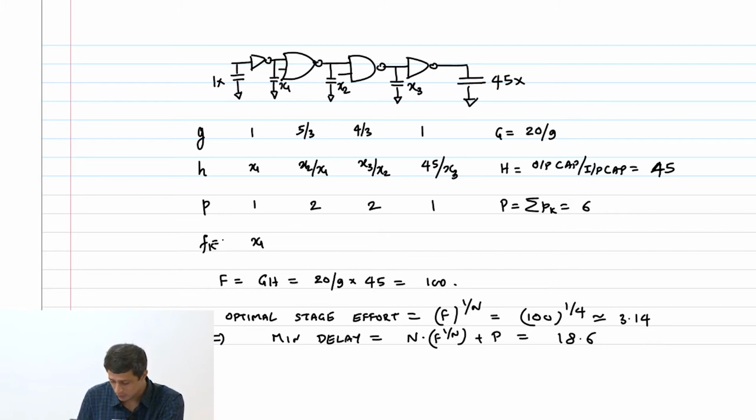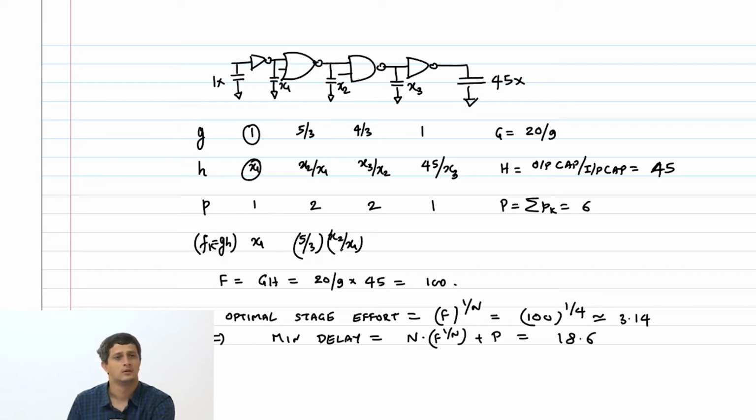This is equal to G into H, by the way, so I am just multiplying G into H. You get x1, this is 5 by 3 times x2 by x1, this is 4 by 3 times x3 by x2, and this is just 45 by x3.